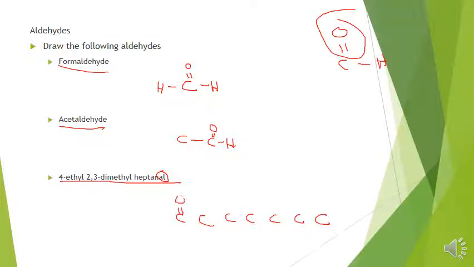Okay, that means this will be number 1 carbon. This would be 2. I put the bonds in here. Okay, so it's a heptanal, and you don't have to put a 1 in front of it, and it has a methyl coming off of number 2, and off of number 3, and off of number 4. It has the ethyl. Okay. All right. So heptanal tells me the longest chain is 7, and then the added groups.